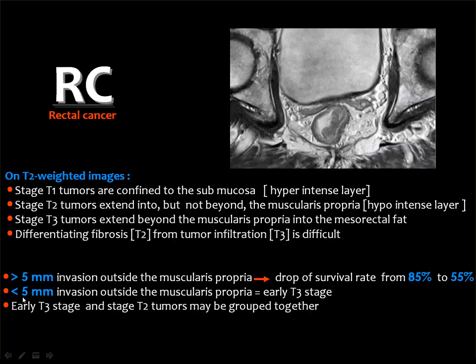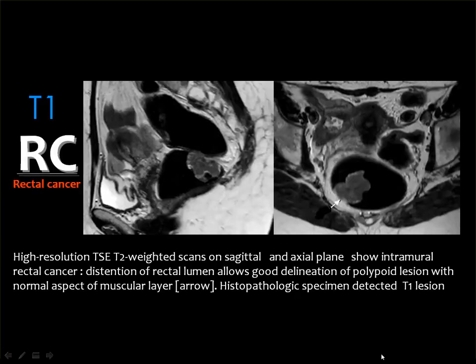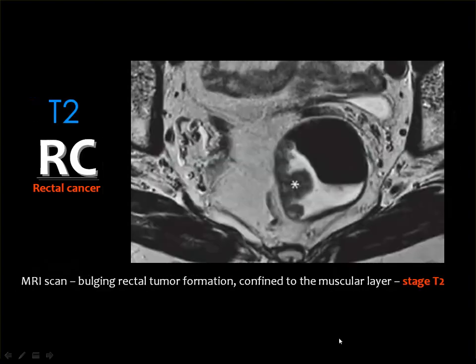Less than 5 millimeter invasion means that you are dealing with early T3 stage, and sometimes T3 stage may be mistaken for T2 tumor, especially, as I will show you, if you get some strands in the mesorectal fat. Then here, this is T1 cancer, and the outer layer of the colon is intact, and the tumor is totally within the confinement of the colon.